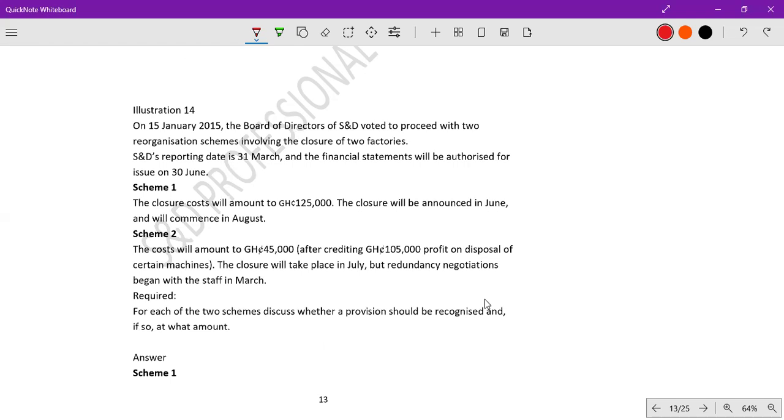So what is the requirement for each of these? What can we say about Scheme 1?